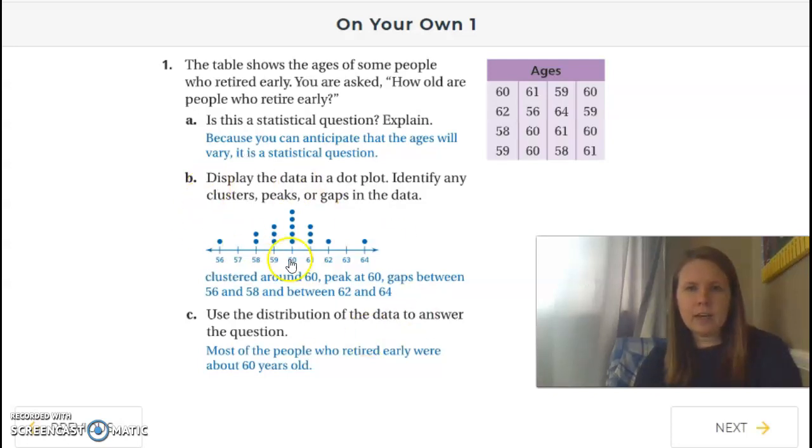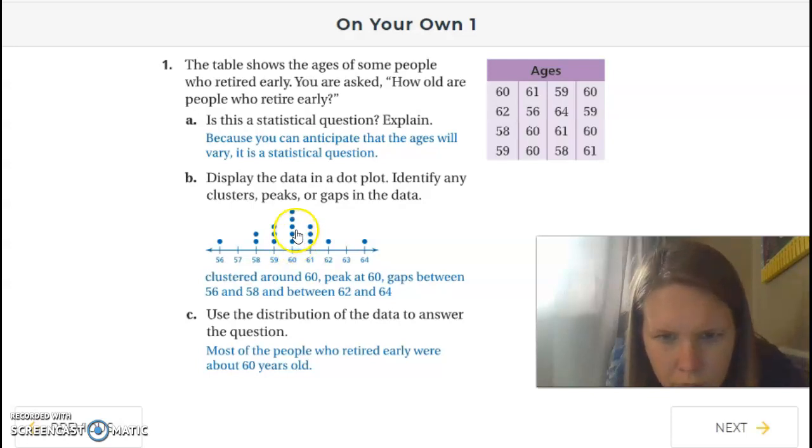So here is then your dot plot, sorry, and identify any clusters. So they are saying that there is a cluster. I would say your cluster is right around here between this 58 and 62, which is kind of about 60 because that's your peak as well. Because then they say the peak is 60, that's your highest data. Remember that you're taking this data and you would count up all the 60s, which also looks to be, well, maybe it's 5. 5 of them, okay?